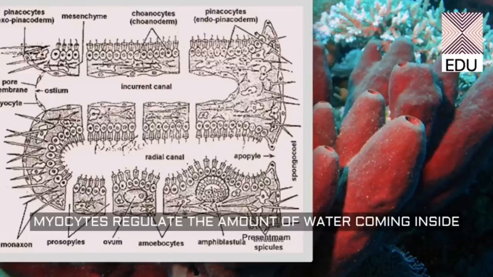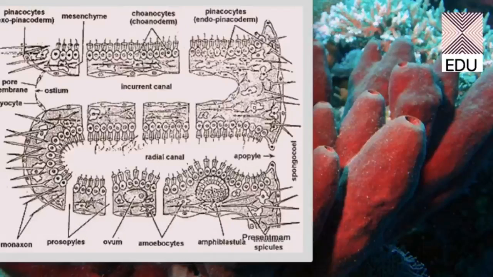So that means the water coming inside through this ostium can be regulated. So myocytes are the regulatory cells which can increase or decrease the incoming water from this ostium, which is entering into the incurrent canal. These are the spicules which are present outside and inside the body.